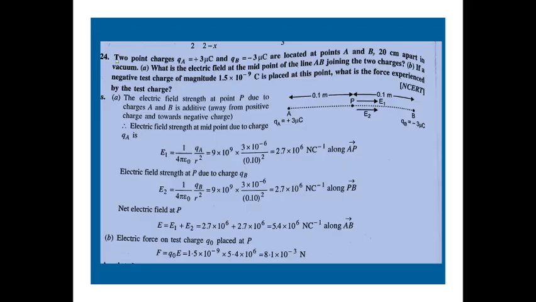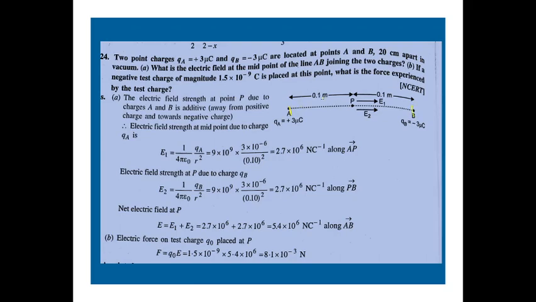Another numerical based on the same theory: two point charges, QA equal to plus 3 microcoulomb and QB equal to minus 3 microcoulomb, are located at points A and B, 20 centimeter apart. This is point A and this is point B, separated by 20 centimeter.